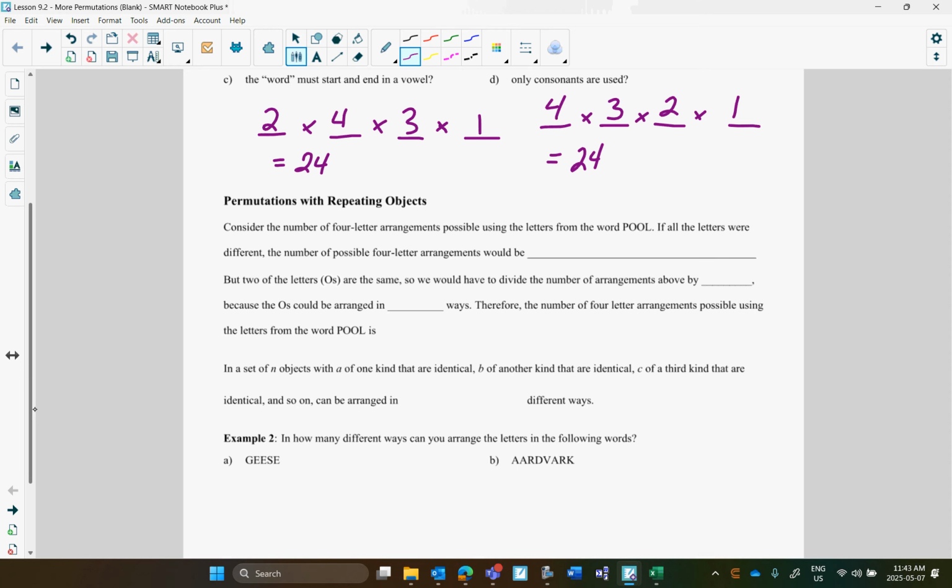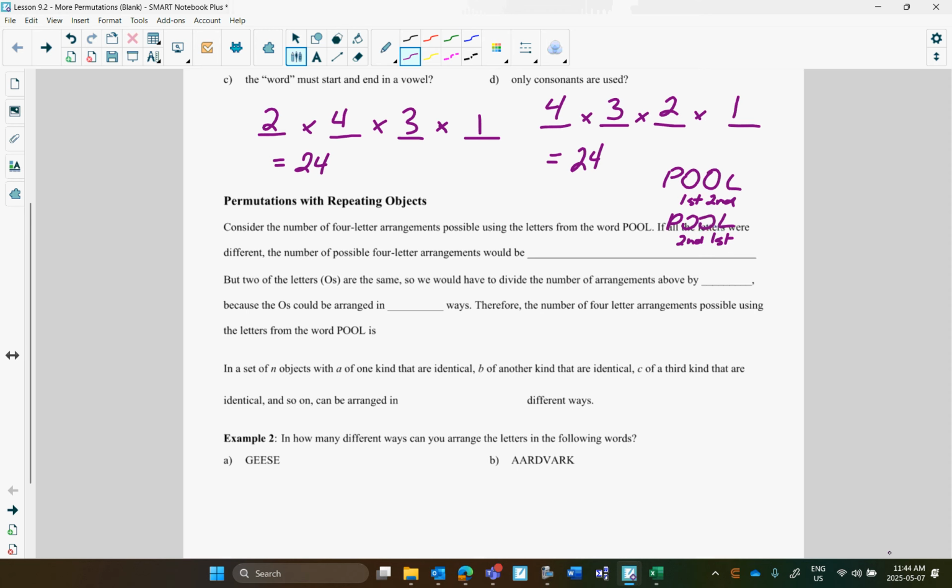But doesn't that count the O's twice? Like that's saying that pool can be one word. Let's say you could have pool, where this is the first O, and this is the second O. And then you could have pool again, where this is the second O, and this is the first.